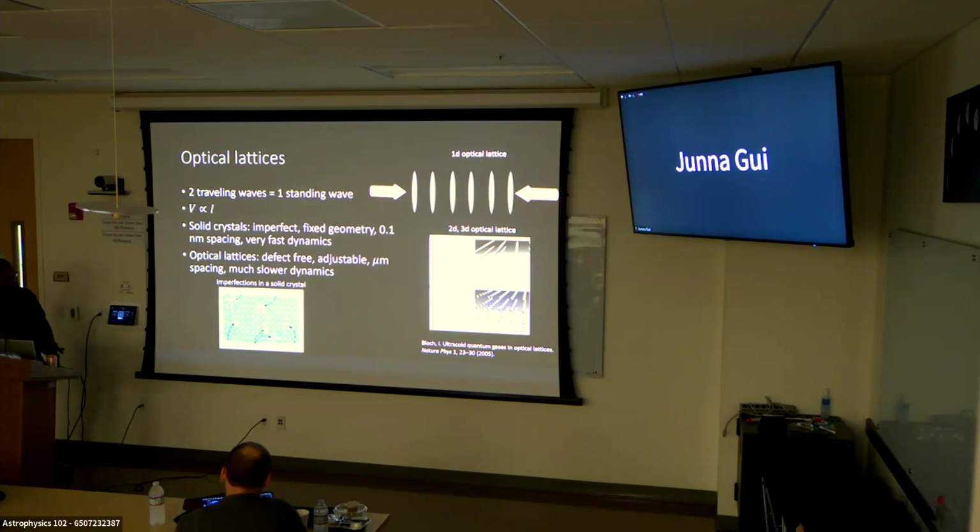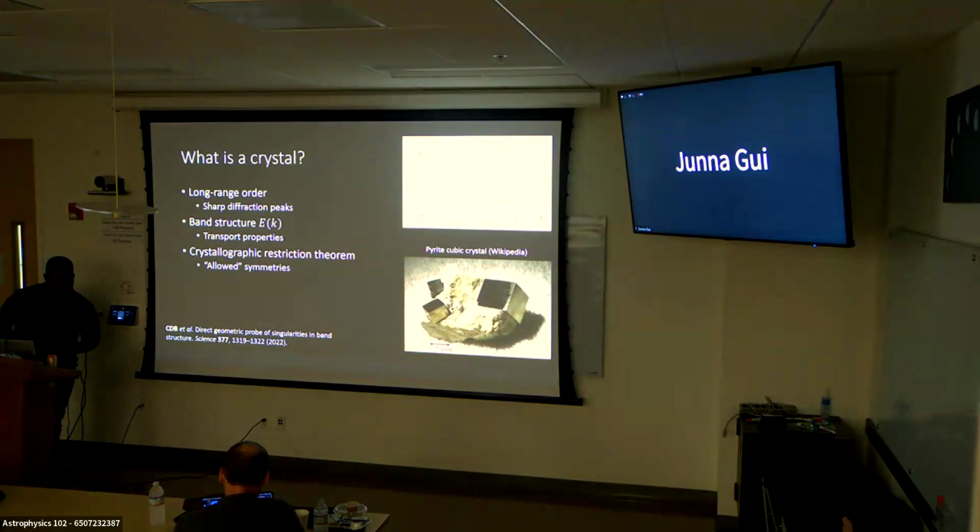You can have this sort of funny pair thing where you have a coupled vacancy and extra atom that are inserted into this regular array in a way that sort of locally messes up the ordering of atoms. So all different kinds of imperfections you have in a solid state system, we don't have here, okay? And so as has been done for many years now, you can make 1D optical lattices or two-dimensional or three-dimensional optical lattices.